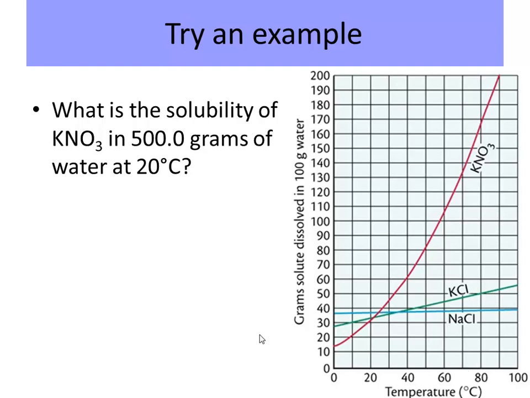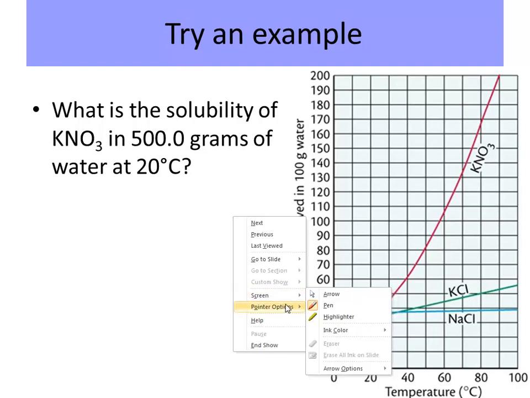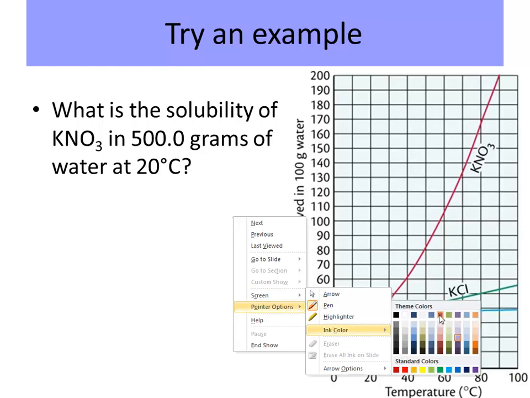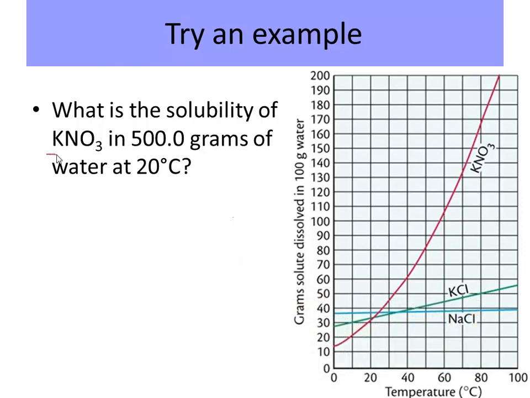So let's consider a couple things here. I'm talking about the solubility of KNO3. That's the first thing. So I'm referring to this line right here, the KNO3 line. I have a lot of different points on here. How do I know which point we're going to use?